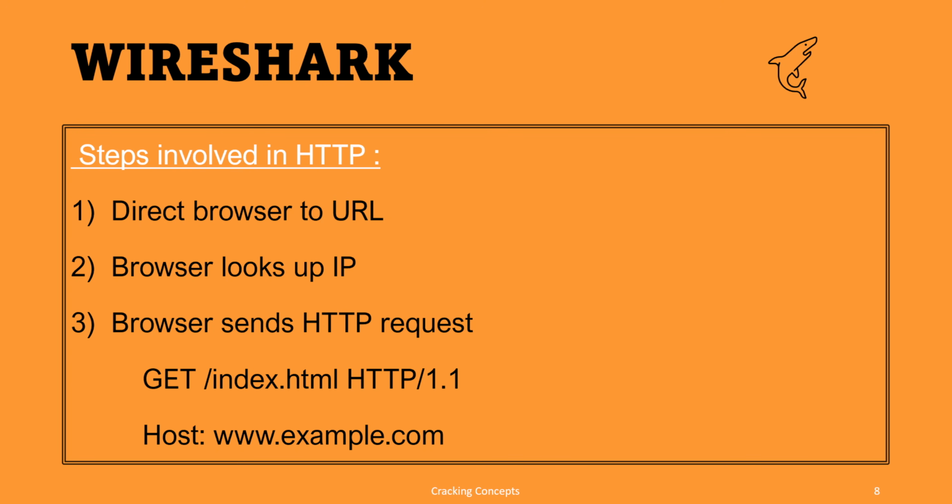Now the third step is the browser sending an HTTP request. A sample is given here. It starts with GET, which is the method for requesting data from the server, followed by the path. Now the host computer stores the content of the entire website, so the browser needs to be specific about which page to load.